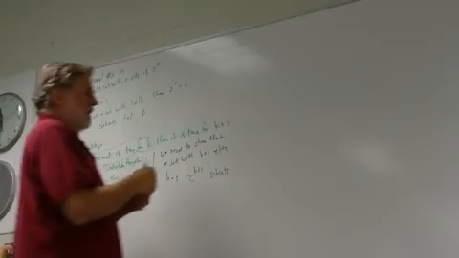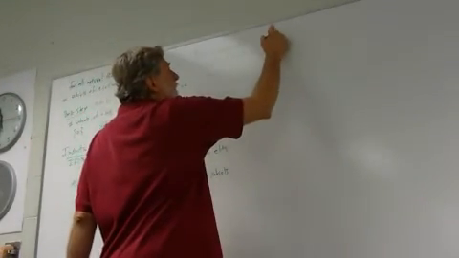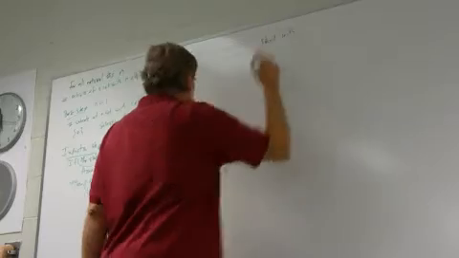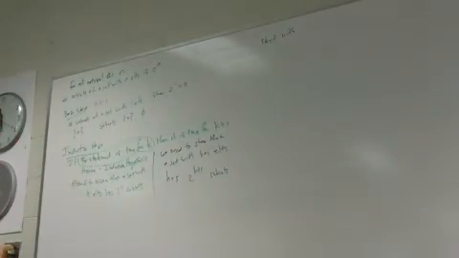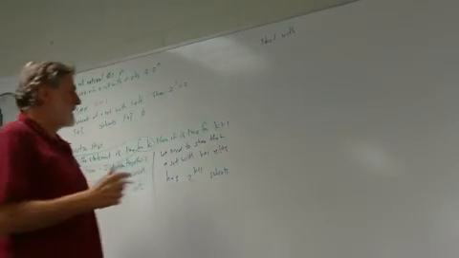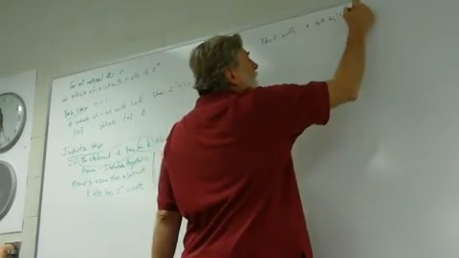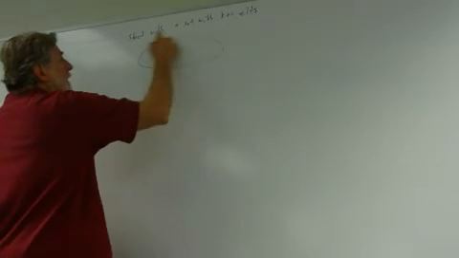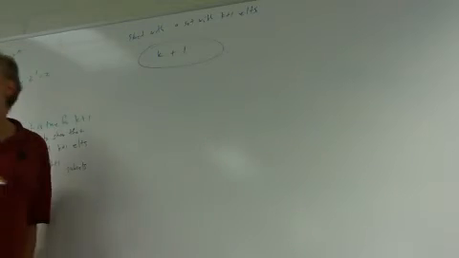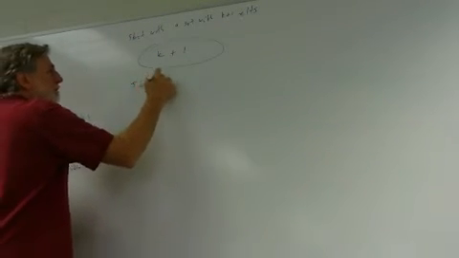Okay, so we start with a set with k plus 1 elements. And we need to show that that set has 2 to the k plus 1 subsets. Okay? So start with a set of k plus 1 elements. Take k of those elements.